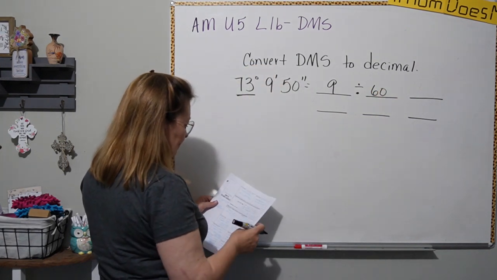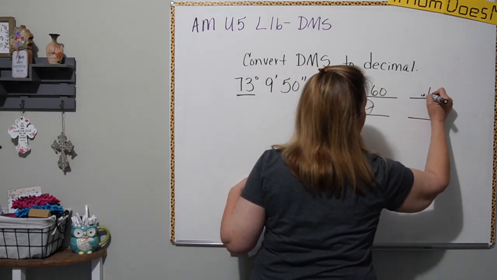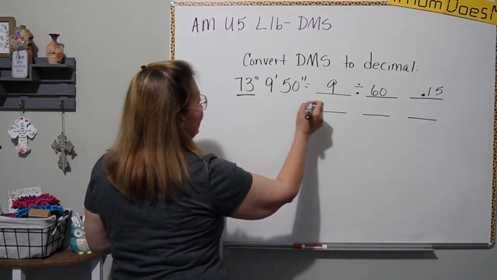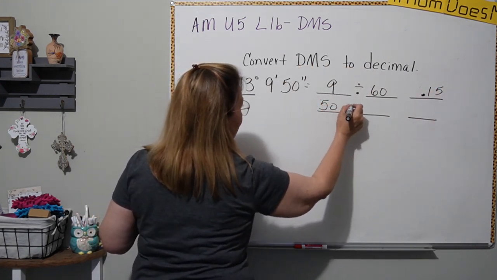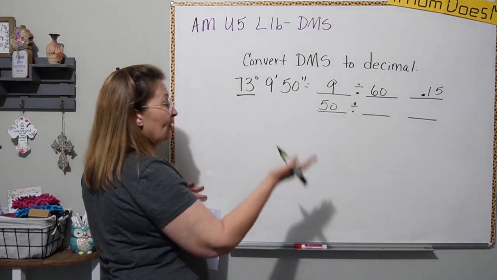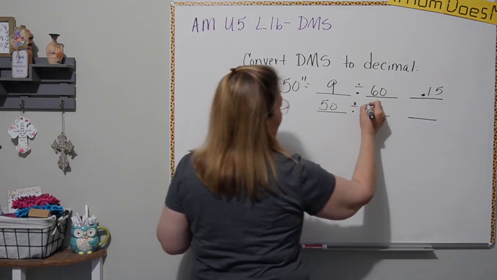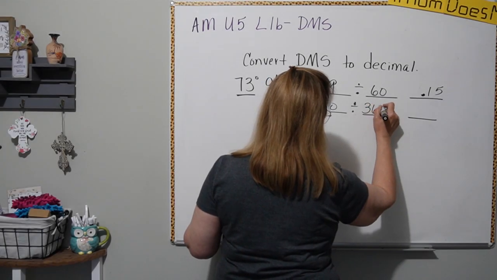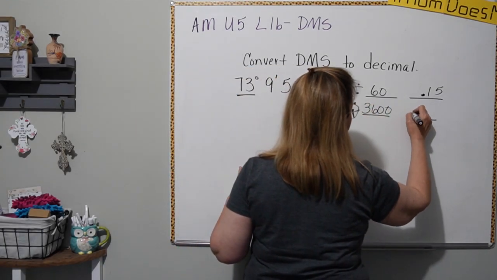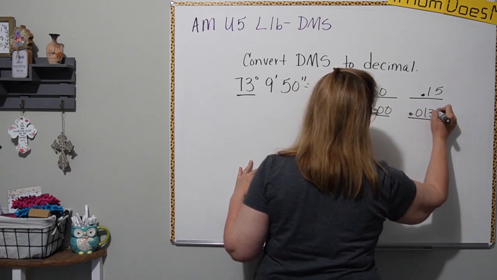So 9 divided by 60 is 0.15. Now on the seconds, we're going to take the 50 seconds and we're going to divide it by, well, how many seconds were there in a degree? 3,600. So we're going to divide 50 by 3600, and that's going to give me 0.0139.